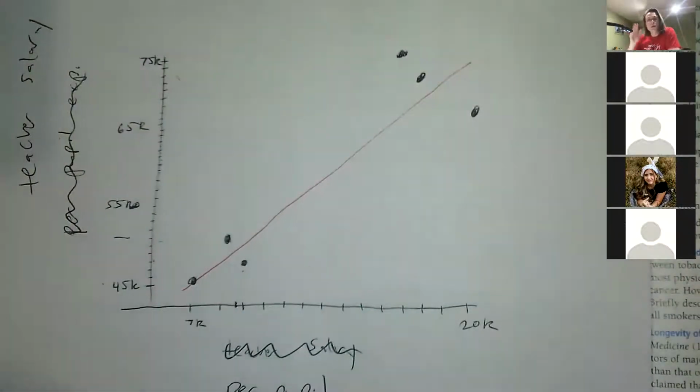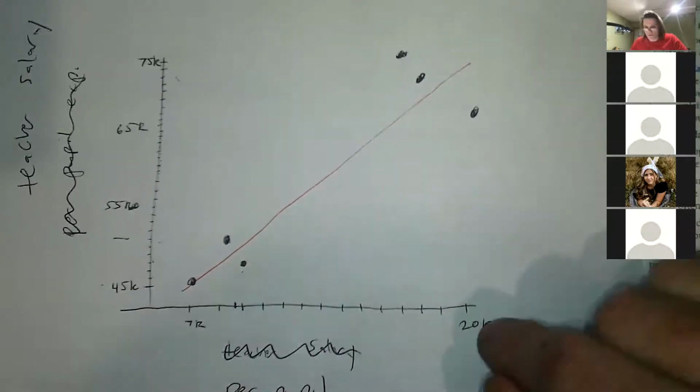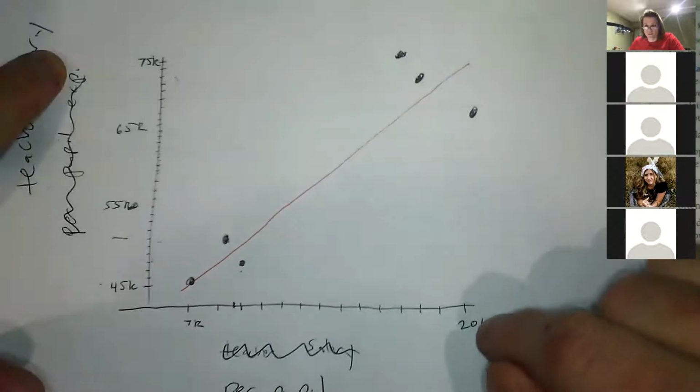But those two probably aren't related. I mean, they are related, but does anyone have any idea why they're probably related? Why do teacher salaries go up with per pupil spending? You probably just have wealthier school districts, and these wealthier school districts have more money to spend per pupil, and they also have more money to spend on their teacher salaries.